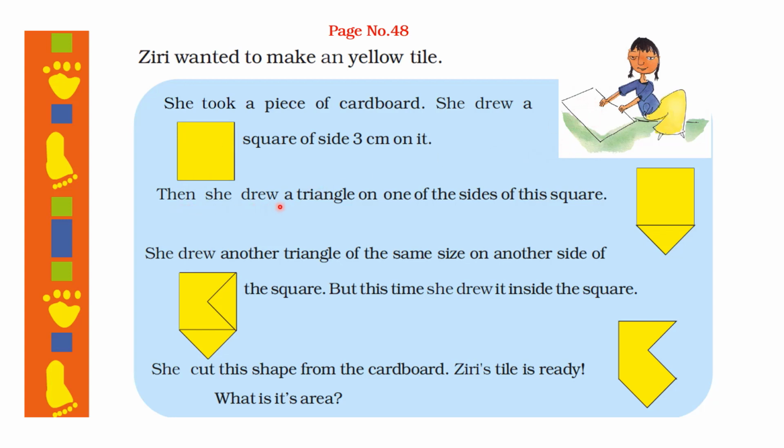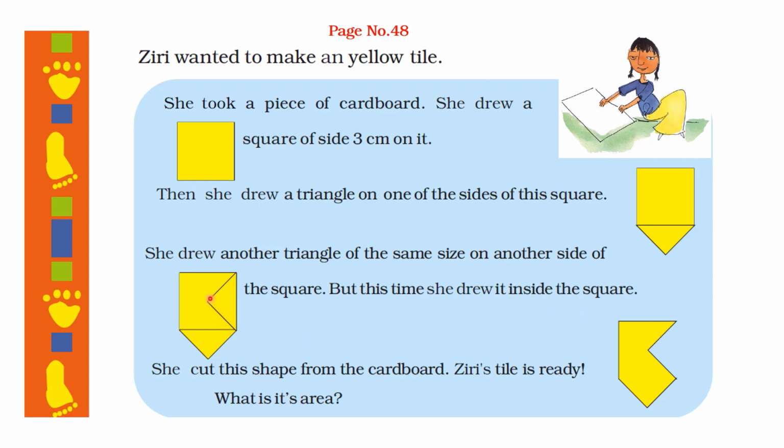Then she drew a triangle on one of the sides of this square. She drew another triangle of the same size on another side of the square. But this time she drew it inside the square.